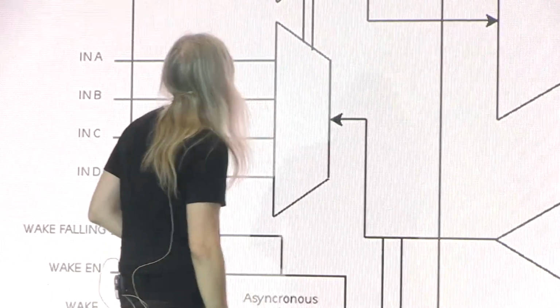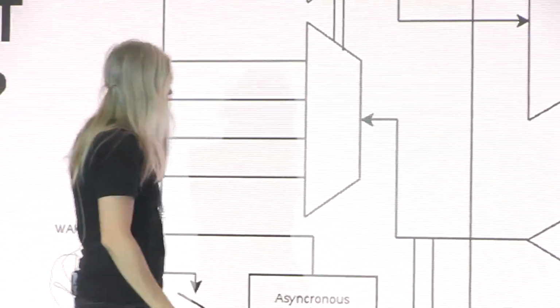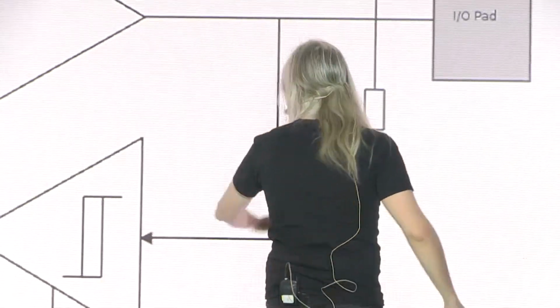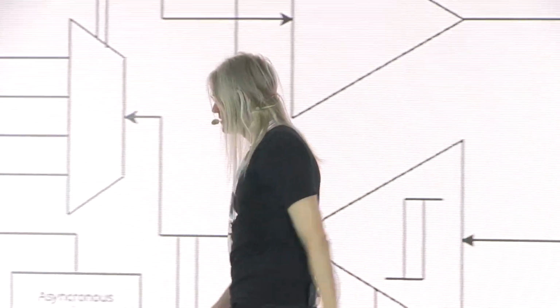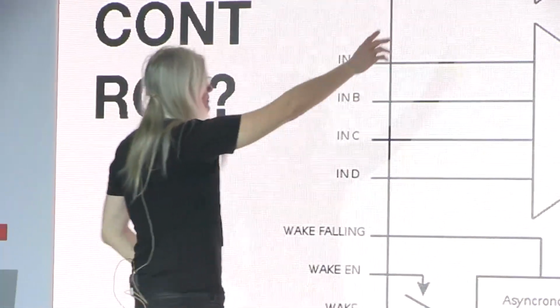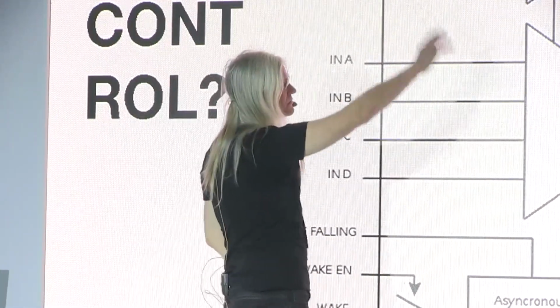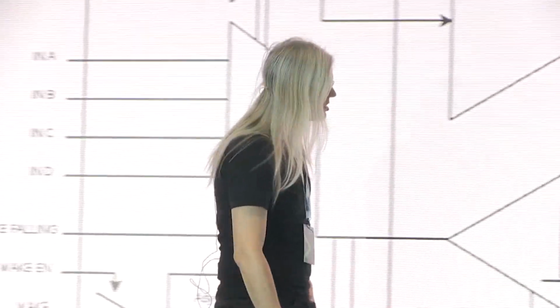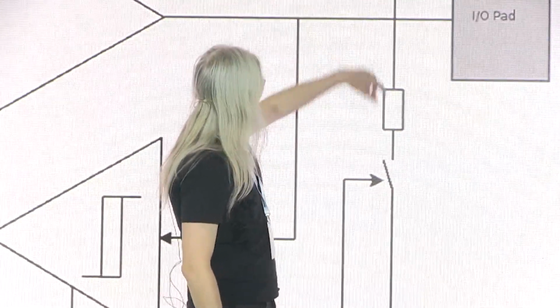So you can see the signal coming in here, going out there, or coming in here and going in there into the system. Here we have the asynchronous edge detectors. Here we have multiplexers to connect different lines from the input and the output. We have pull down and pull up enable.